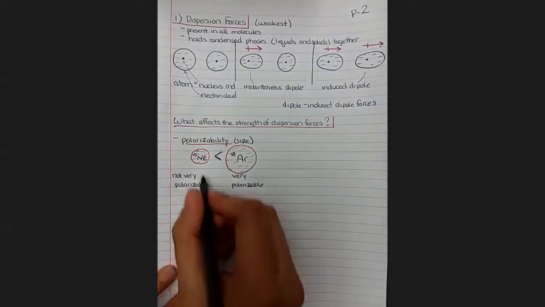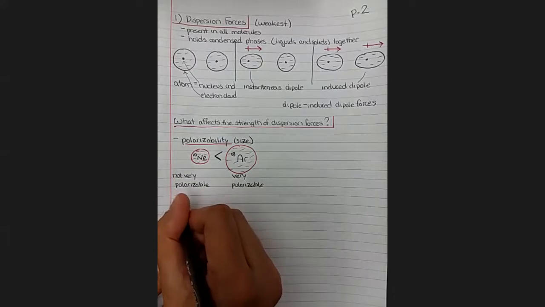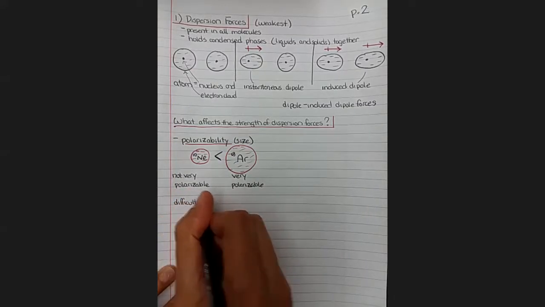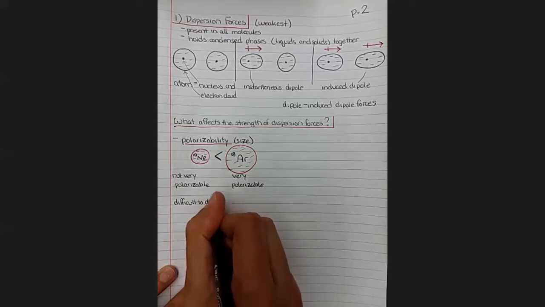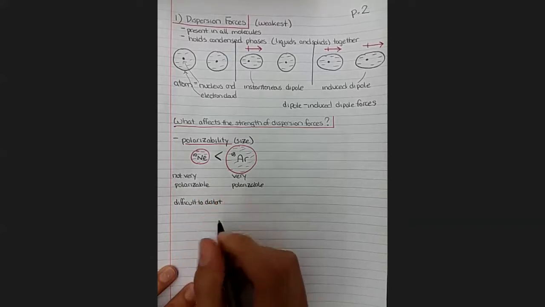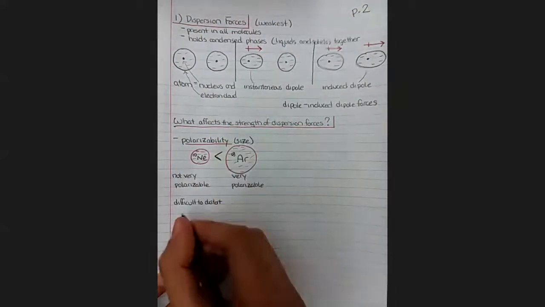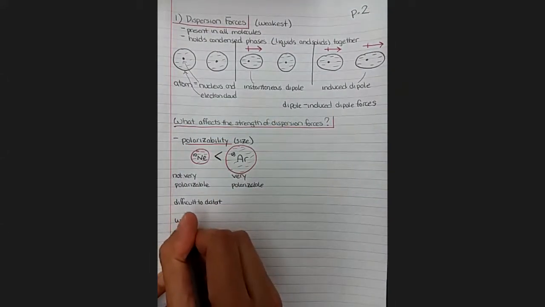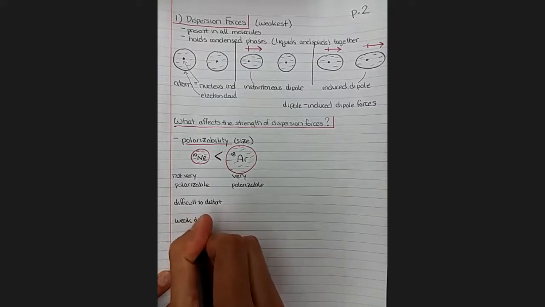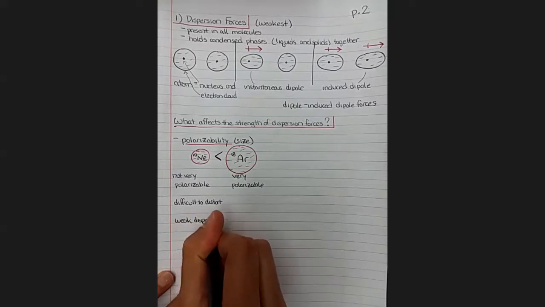And so not very polarizable means that it's difficult to distort this shape. It's kind of like a pool ball. It's very small and very hard, and it absolutely does not squish at all. And if something does not distort into an instantaneous dipole very easily, it's going to have weak dispersion forces.